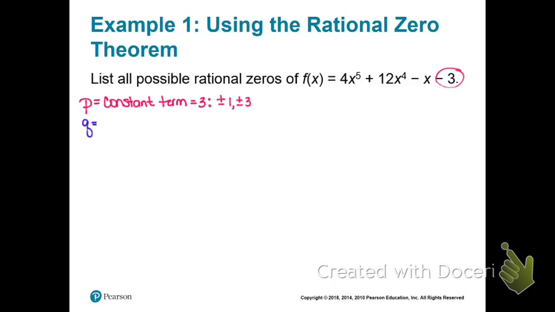Q, it said, are going to be the factors of the leading coefficient. So what number is the leading coefficient? Look for your largest exponent of x, and so it's the number in front of it, so the 4.